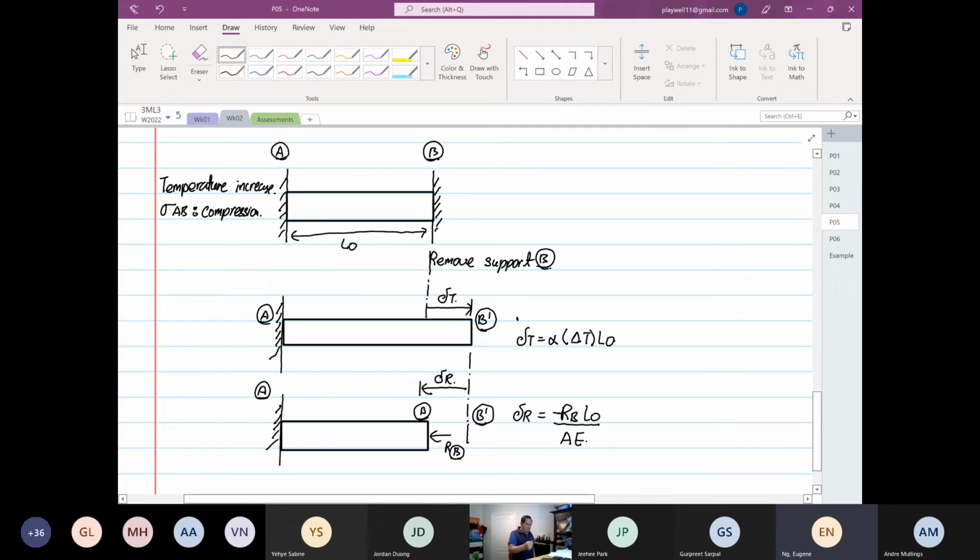So now, what did I tell you all? Temperature increase, compression. Now, because the stress in AB is equal to minus RB divided by area, it's in compression.